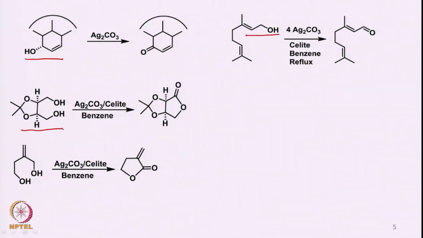For example, here in this case, when a symmetrical diol is taken and oxidation is carried out, the first oxidation gives the aldehyde, which is like this, and then there is an equilibrium between the hydroxyaldehyde and the lactol of this type.